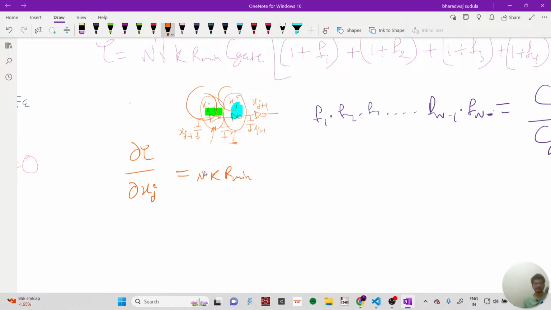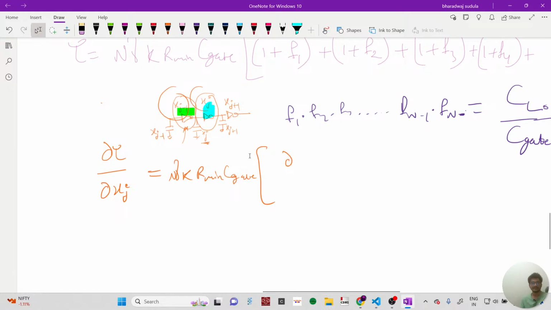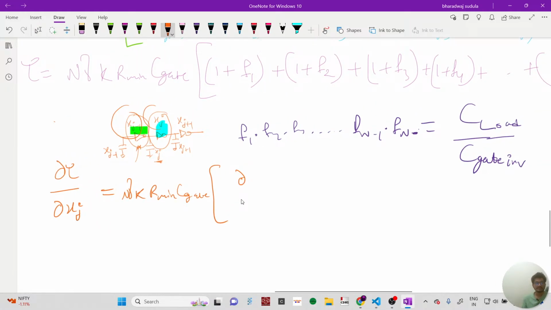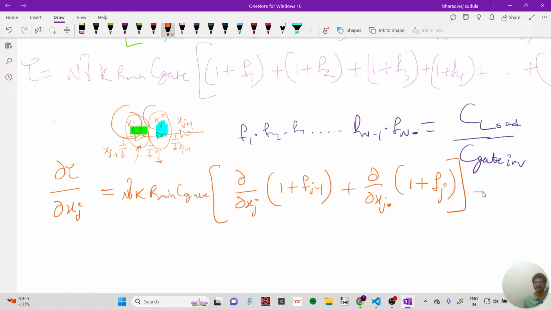Okay, so if I just write these constants and C gate, so if I differentiate this fan out, okay, so if I differentiate the j minus 1 gate, so xj is differentiating 1 plus fj minus 1 plus xj, actually this is xj minus 1, I'm sorry, this is xj, this is 1 plus fj, so I equate this to 0 and differentiate.